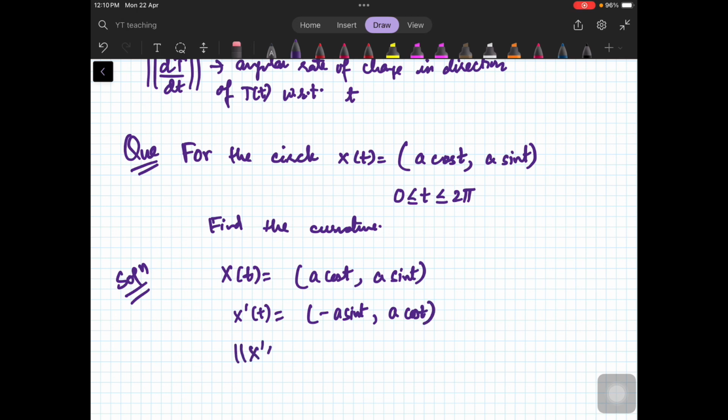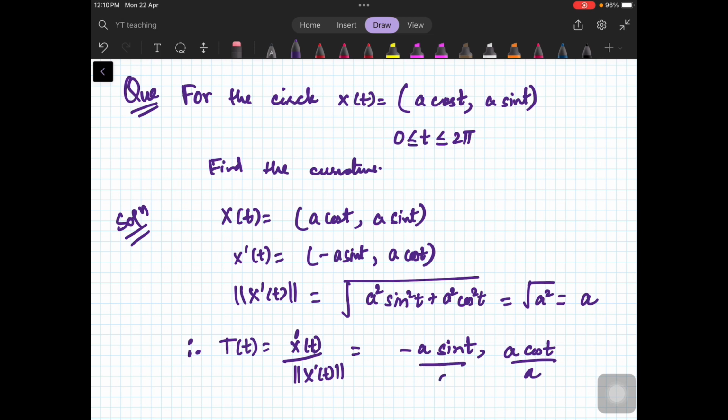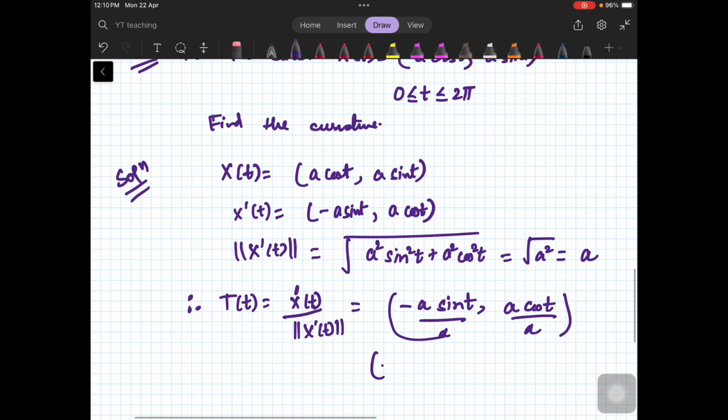And modulus of x prime t is the square root of a squared sin squared t plus a squared cos squared t, so that is square root of a squared, that is a, right? Therefore, the unit tangent vector is x prime t over modulus of x prime t, which is (minus a sin t, a cos t) divided by a, so I get (minus sin t, cos t).